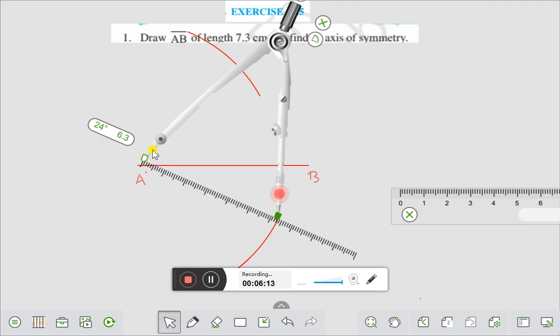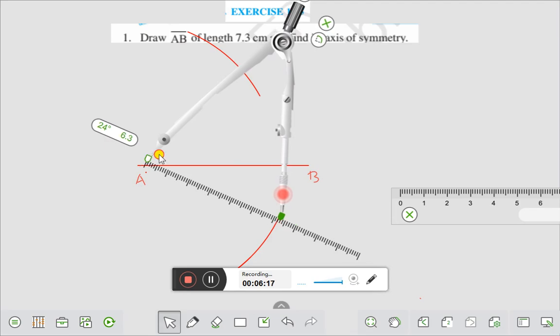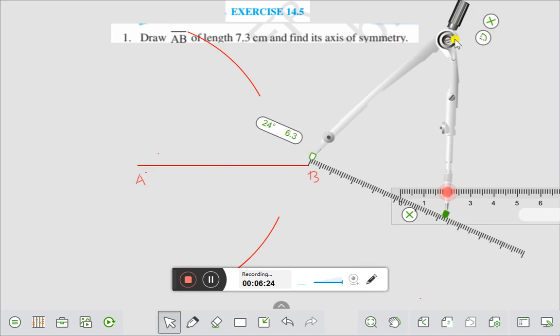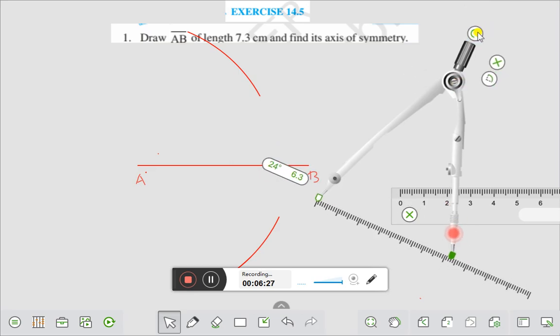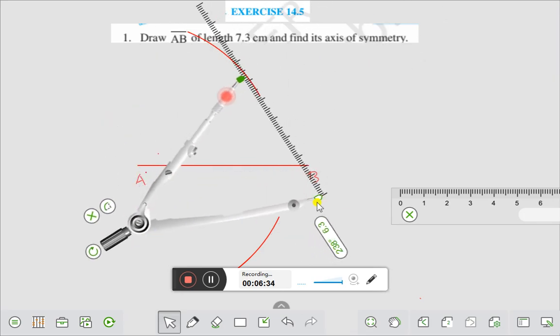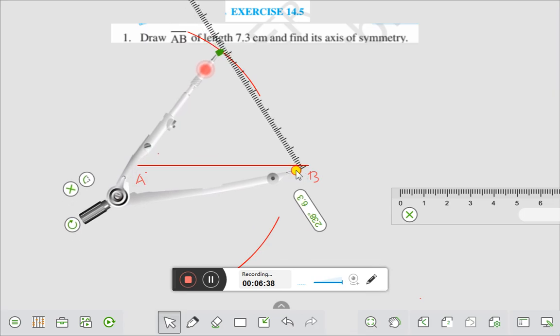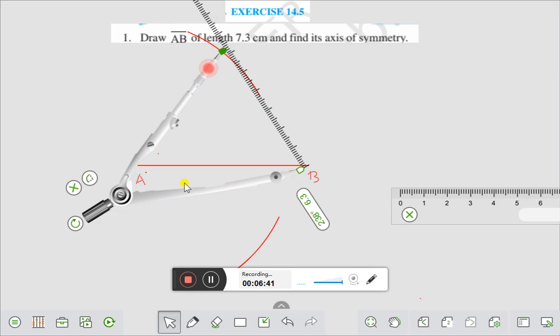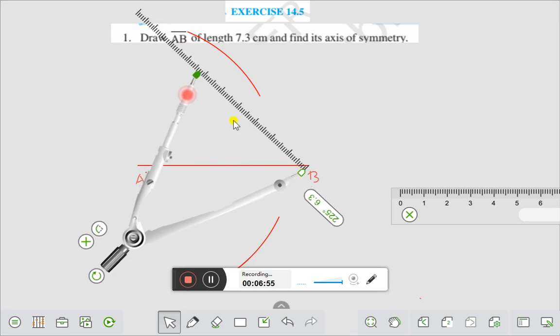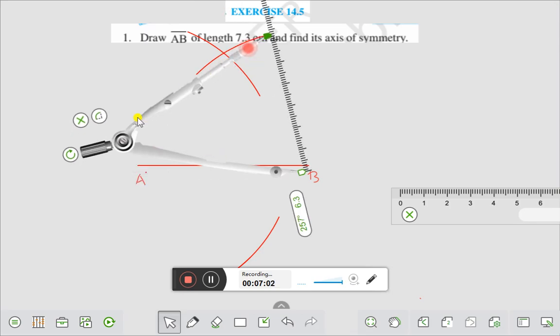Now here we take this pointer on point B. This is point B, and if we take a curve here, right?